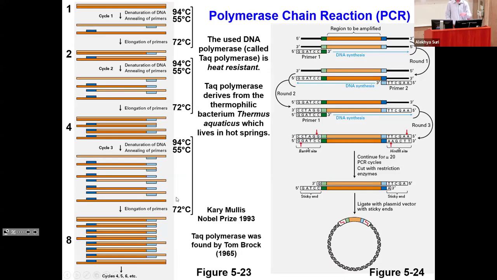So when you anneal these primers, you have to do this at a certain temperature. And when you design these little primers, they could be, for example, 15, 20 nucleotides or so. You would design this using a program that shows you, for example, the melting temperature.